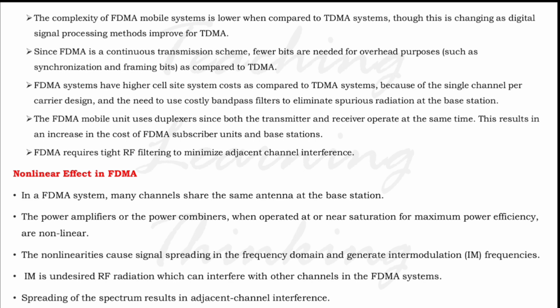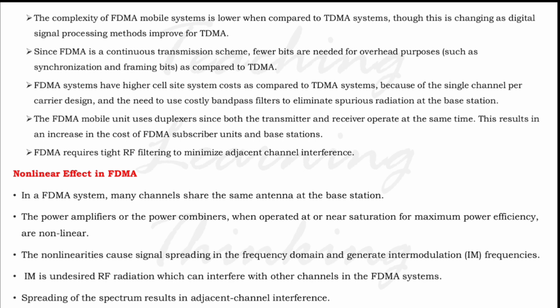Another feature is that the FDMA mobile unit uses a duplexer, since both the transmitter and receiver operate at the same time. So this results in an increase in the cost of the FDMA subscriber unit and base station. We have already discussed this in the previous section. FDMA uses duplex devices.